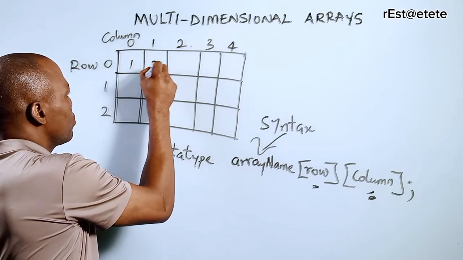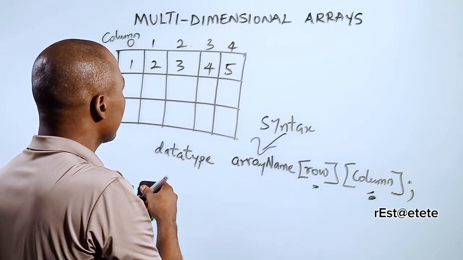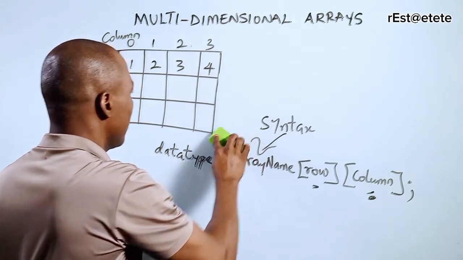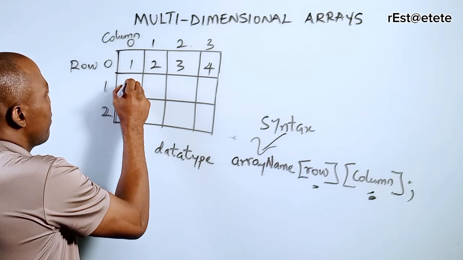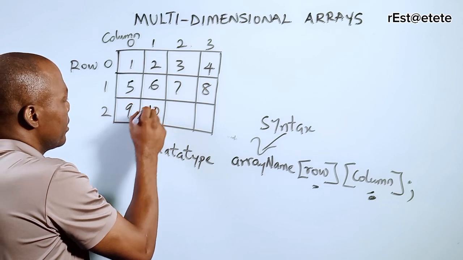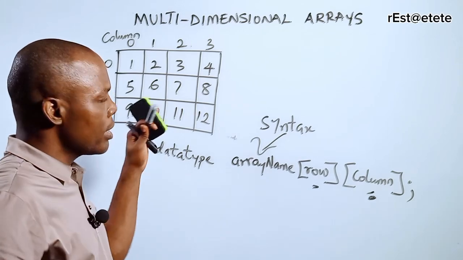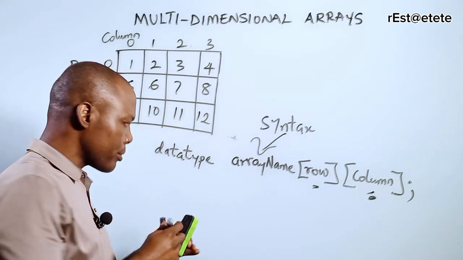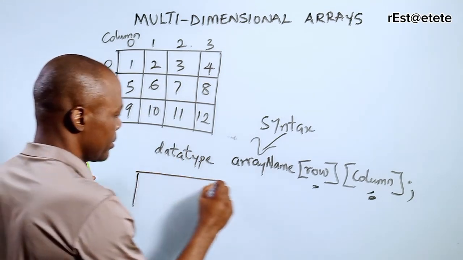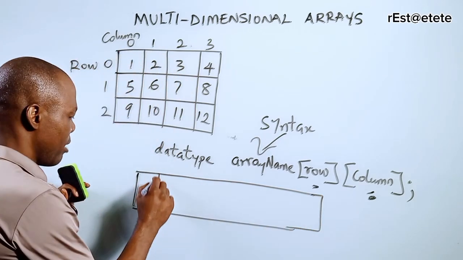I'll put 1, 2, 3, 4, 5, 6, 7, 8, 9, 10, 11, and 12. So this is a two-dimensional array. If I was to write this as a one-dimensional array, it would have been like this.